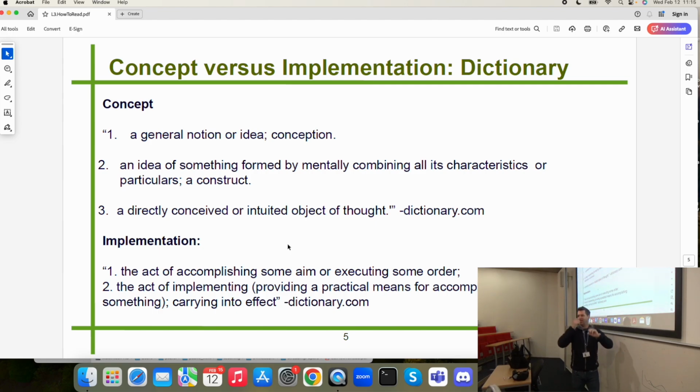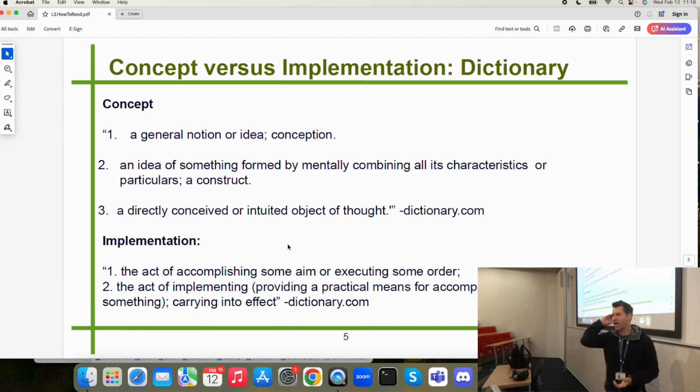The implementation is the realization in physical reality of a concept. So you take the idea and you provide a physicalization of that idea. You could call it an implementation, the realization of an idea in real life in physical space.